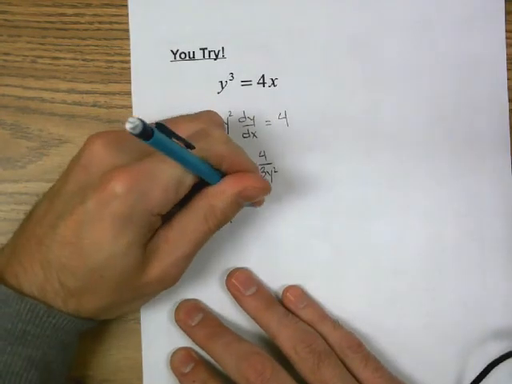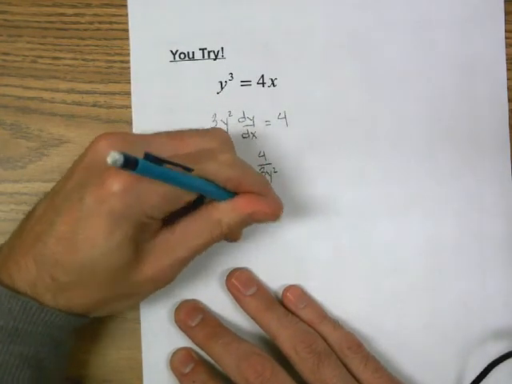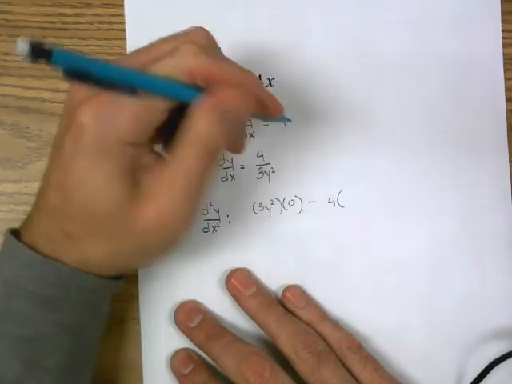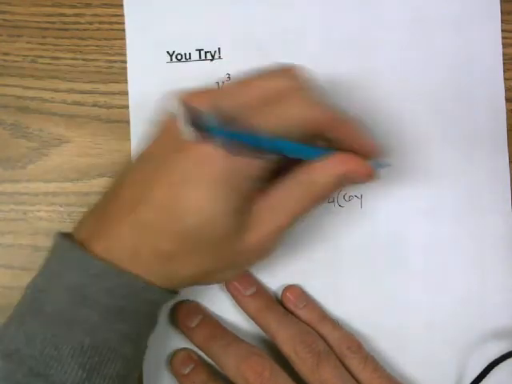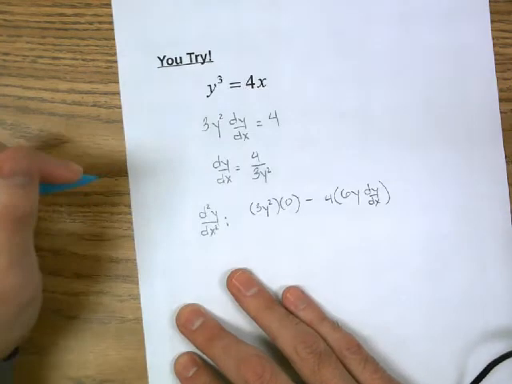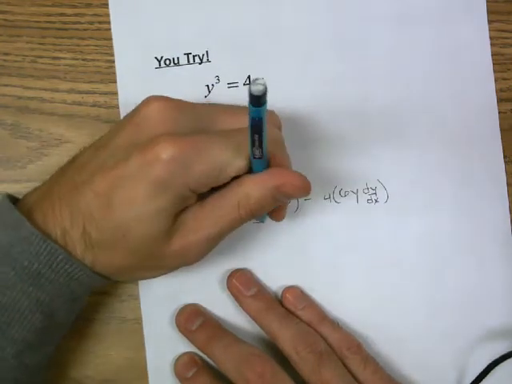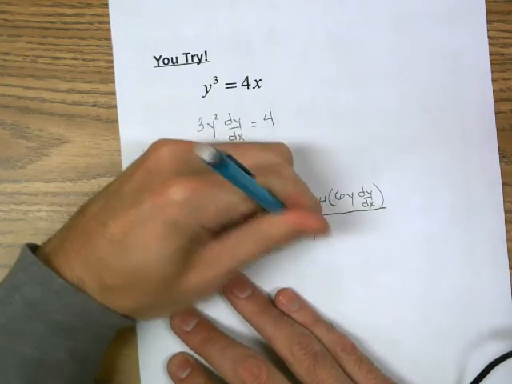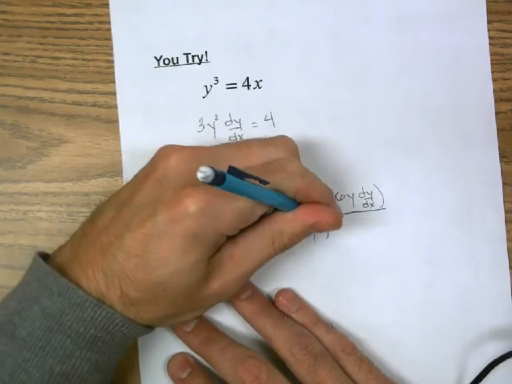use the quotient rule, so low d high minus high d low, which is this. And now this would all be over low squared, so 3y squared all to the second.